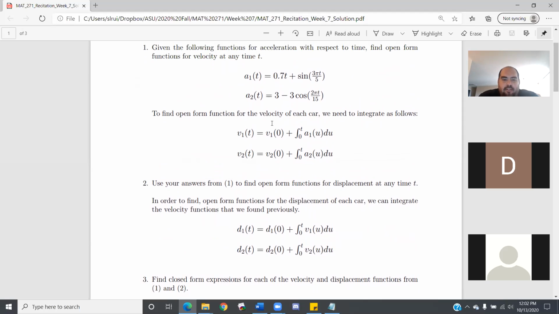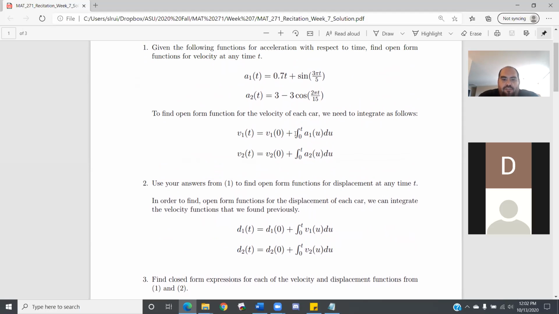So you knew that to find the net accumulation, let's just stick with V1 here, to find the net accumulation of the changes in velocity, you need to integrate from 0 to t of your acceleration function. So that's your net accumulation.